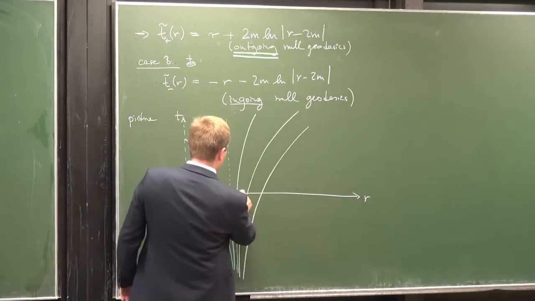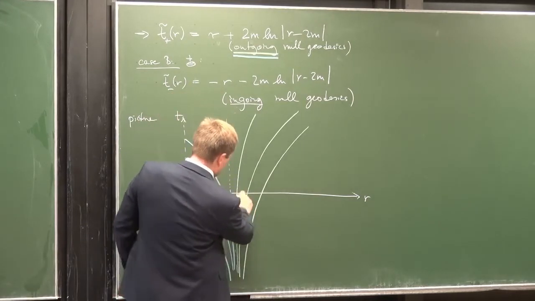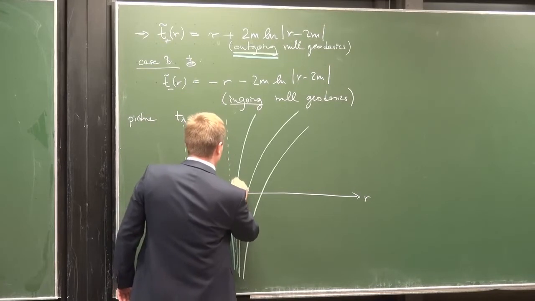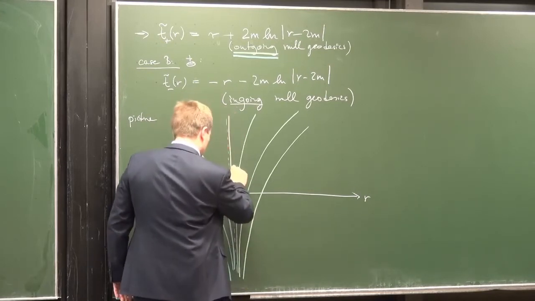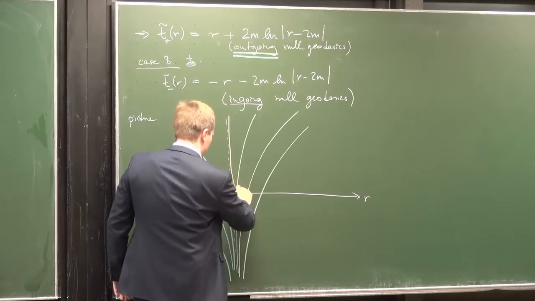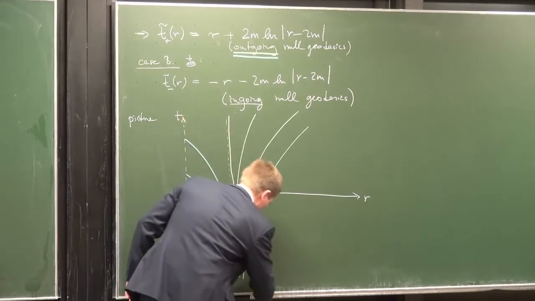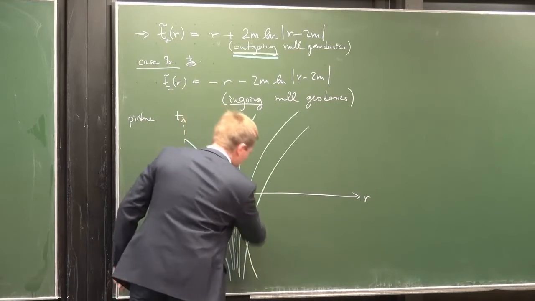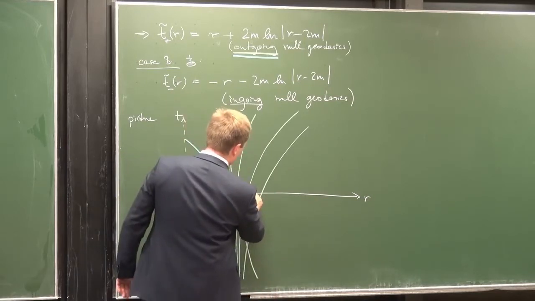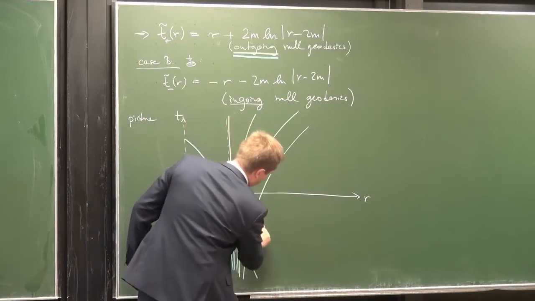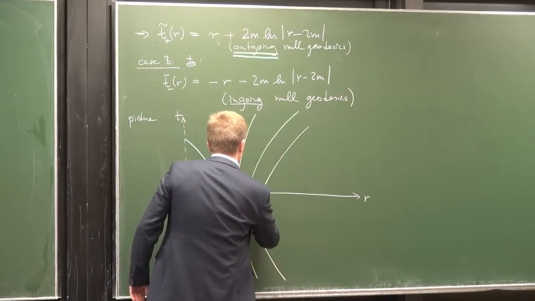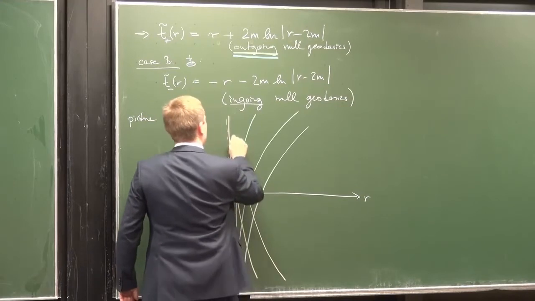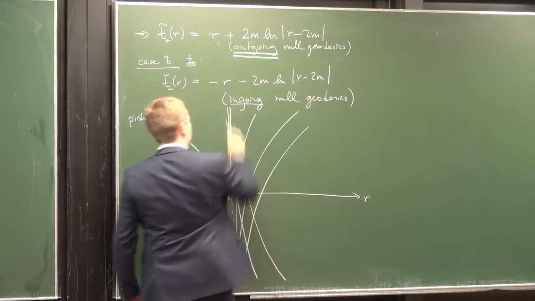So let's do it for this one here first. What do I have down here? I need to reproduce here something like this. That's too steep here. Chop. And then I go here like this. Here asymptotically, and then I go away. Here the same thing, I reproduce this and go away, and here I approach asymptotically this here.